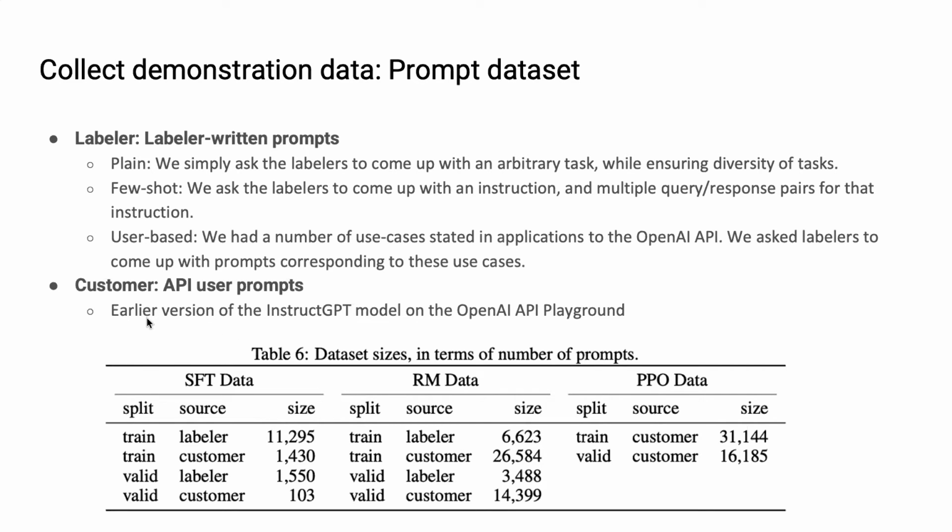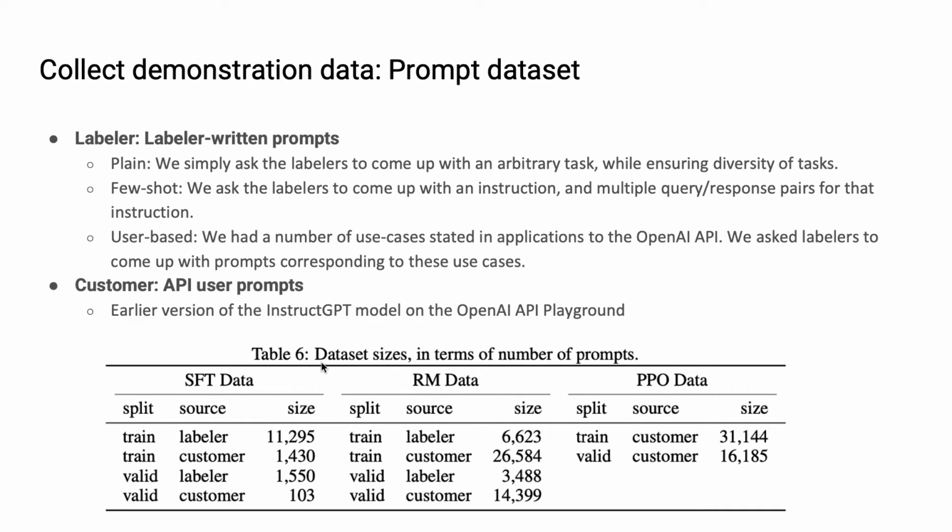So they published an earlier version of InstructGPT, the supervised fine-tuned GPT model, on the OpenAI API Playground. Users gave consent to that, and then they started using it and provided more prompts for the model training in the next iterations.